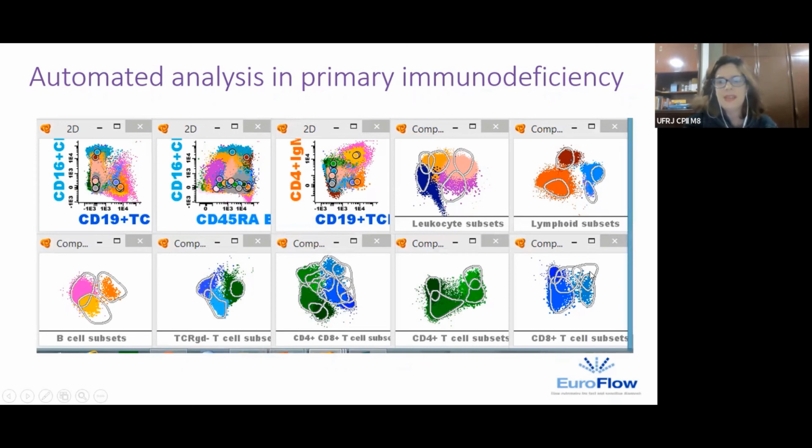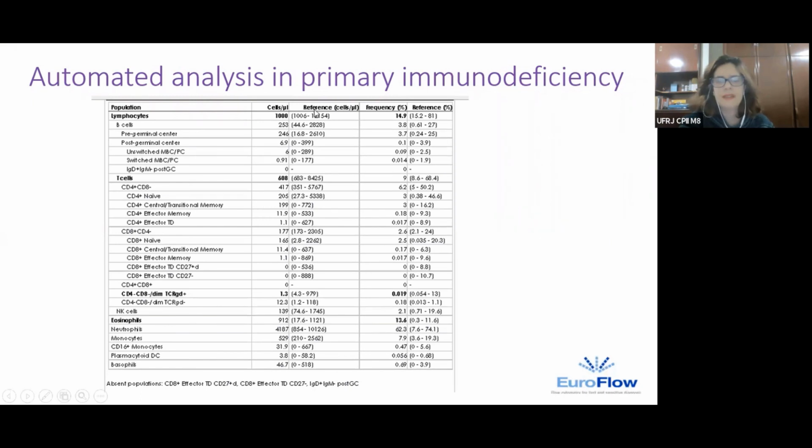We can see here, for instance, in the CD8 cell populations, we have 2 cell populations empty. In fact, the other good thing about the automatic gating in primary immunodeficiencies is the automatic comparison with reference values for each cell population.